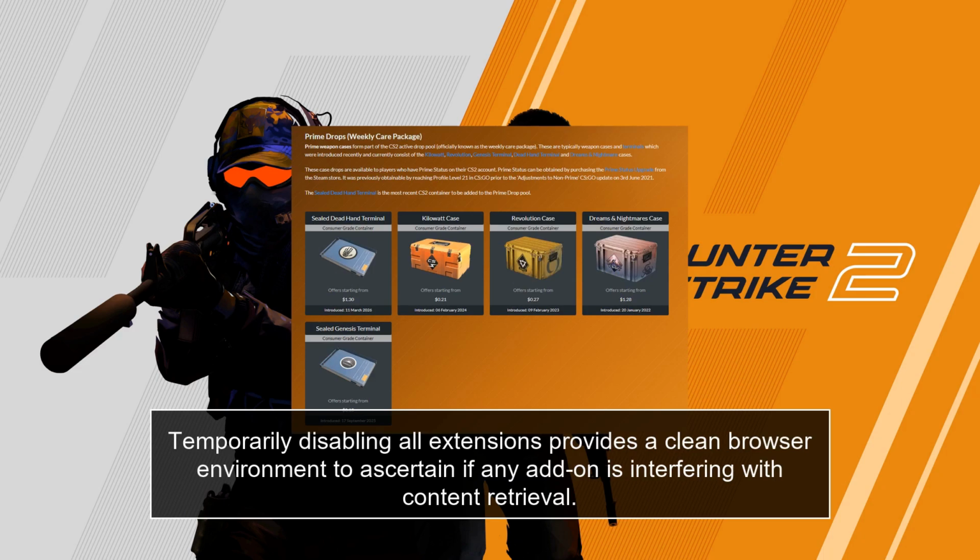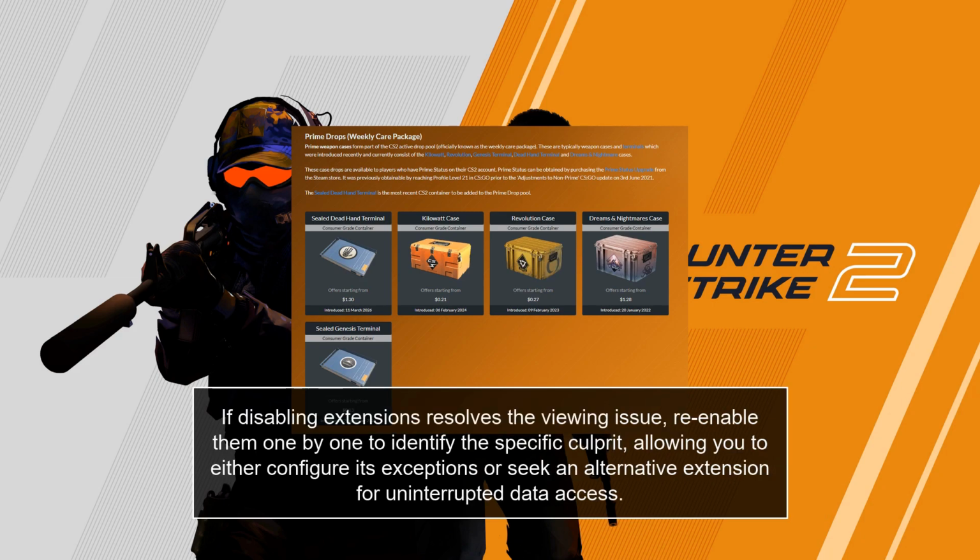Temporarily disabling all extensions provides a clean browser environment to ascertain if any add-on is interfering with content retrieval. If disabling extensions resolves the viewing issue, re-enable them one by one to identify the specific culprit, allowing you to either configure its exceptions or seek an alternative extension for uninterrupted data access.